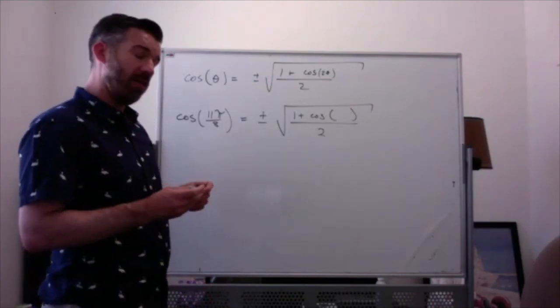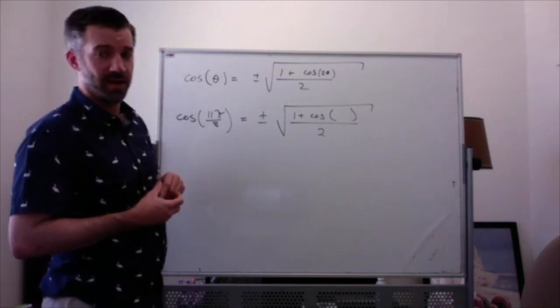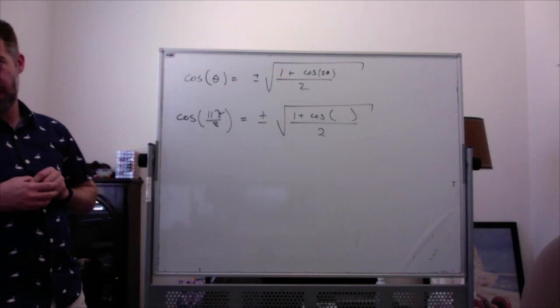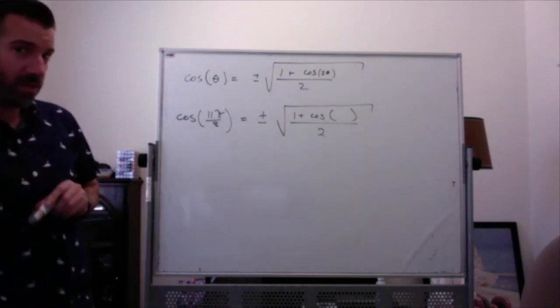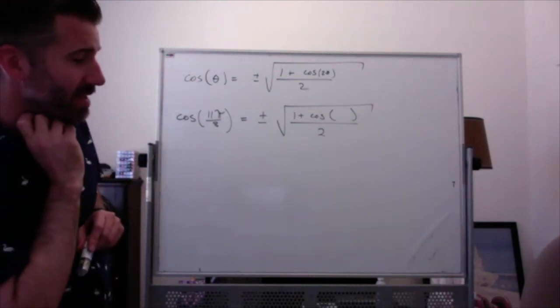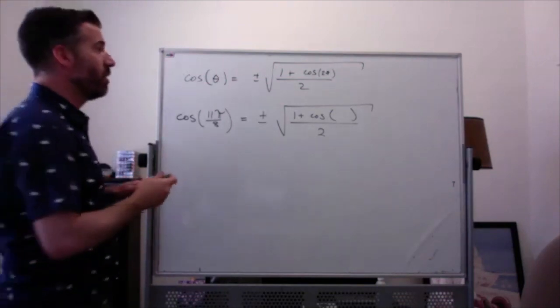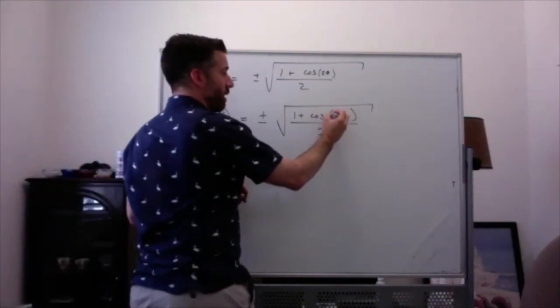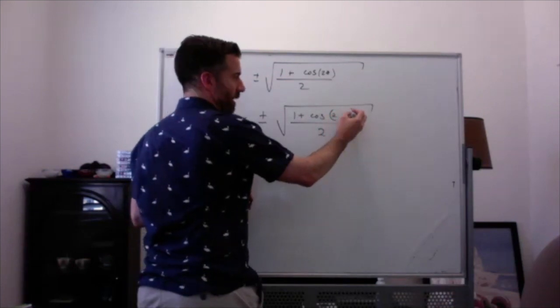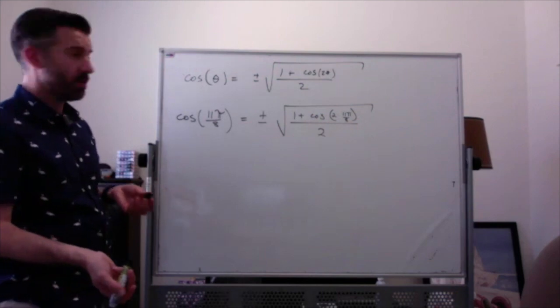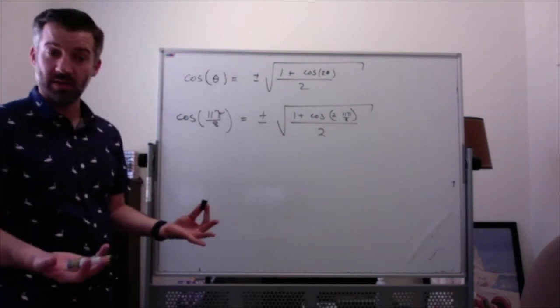If someone wanted to tell me, that'd be lovely. Say it again. 11 pi over 8. You're mostly right. I assume you meant it's going in for theta. It's 2 times 11 pi over 8. And then what does that simplify to?